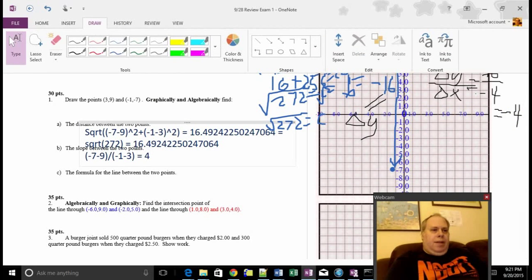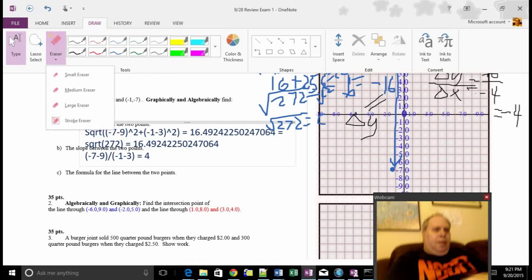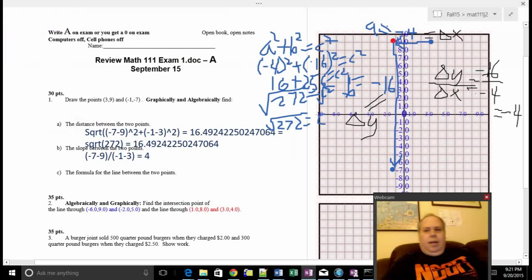Come on, give me the eraser. Oh, that was overkill. And get back to line. Equals 4. Good. Now, I've checked. So that's important. It's important to check. Negative over negative is positive.